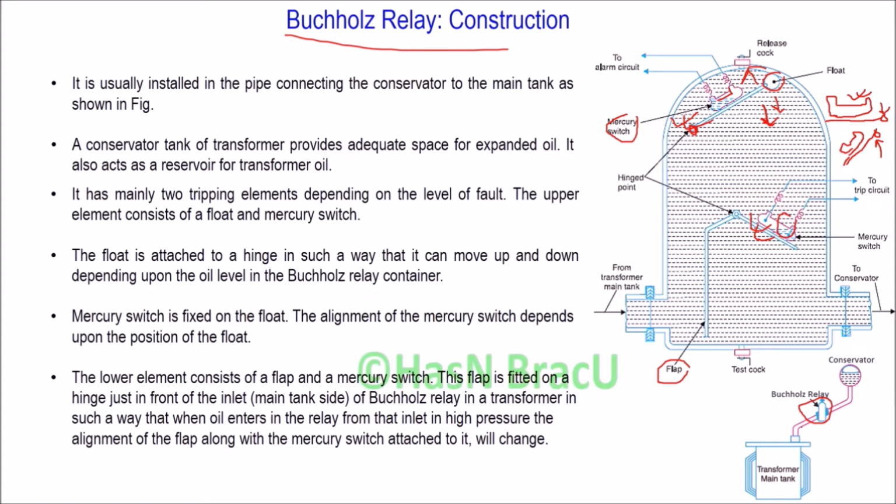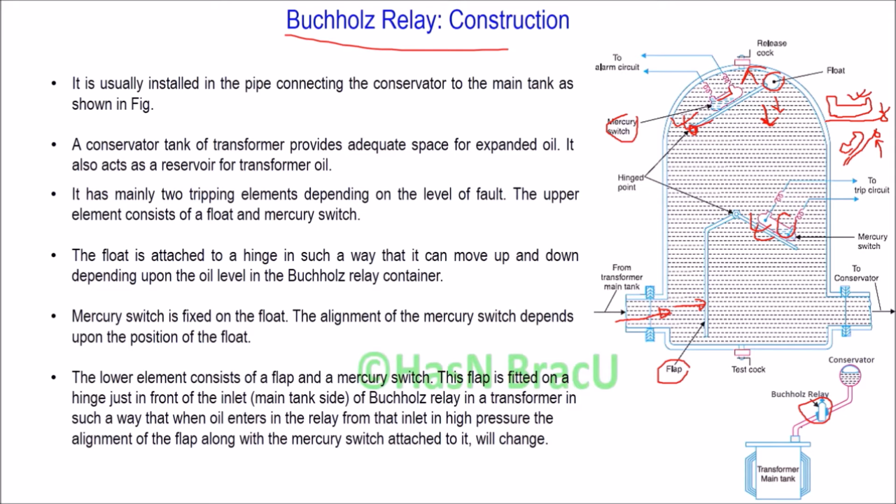So this flap is fitted on a hinge just in front of the main tank, transformer main tank, and this setup of the lower element is done in such a way that when oil enters this Buchholz relay from the main tank with high pressure, then the alignment of the flap along with the mercury switch attached to it will be changed due to the high pressure of the oil incoming from the main tank.